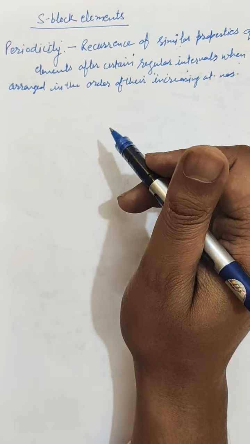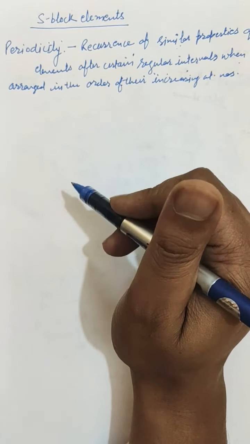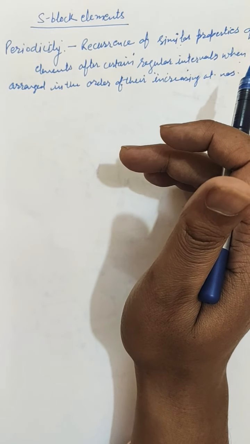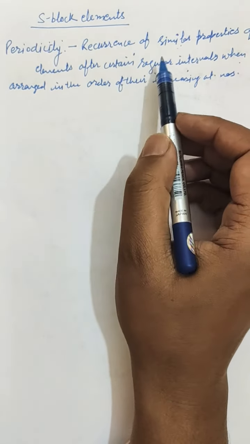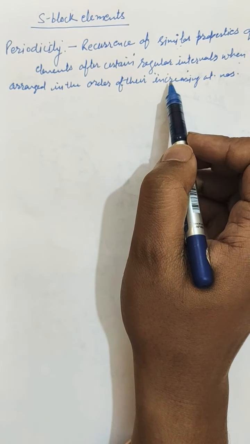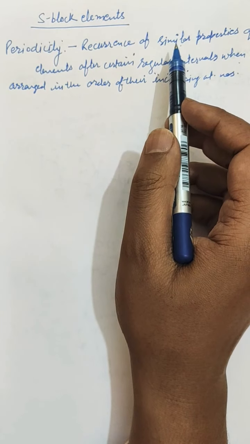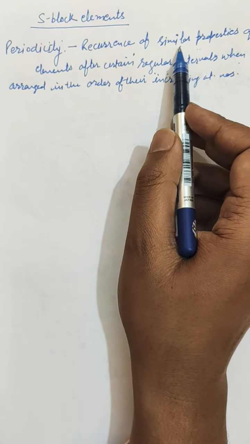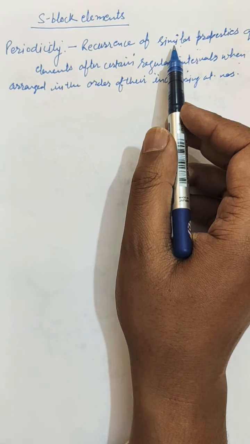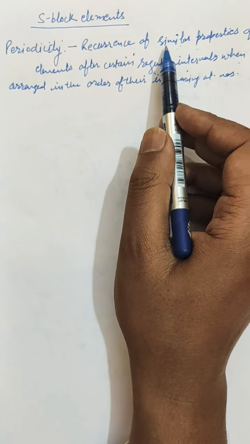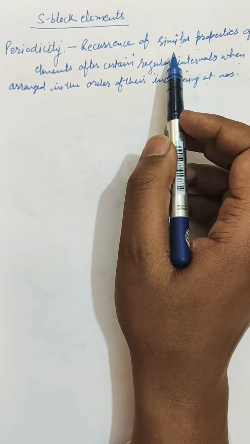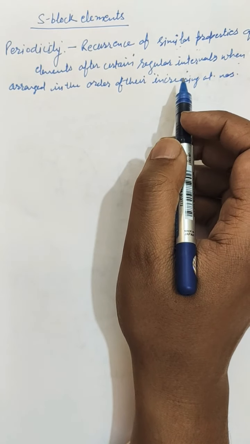Each element possesses a particular atomic number, that is the number of electrons present in that element. When these elements are arranged in order of increasing atomic numbers, properties like ionization energy, electron affinity, atomic radii and ionic radii repeat themselves after certain regular intervals. This is called periodicity.